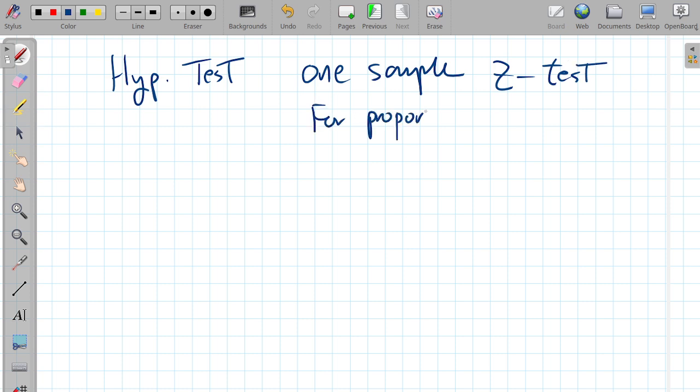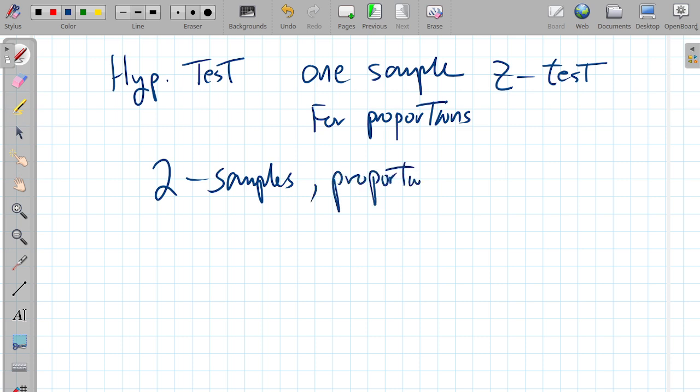Now that won't take too long because there's only a couple of ways that this thing can manifest itself. Then we're going to slide into two samples, again for proportions, and it's going to be the z-test. And I believe we'll have time for the confidence intervals as well.